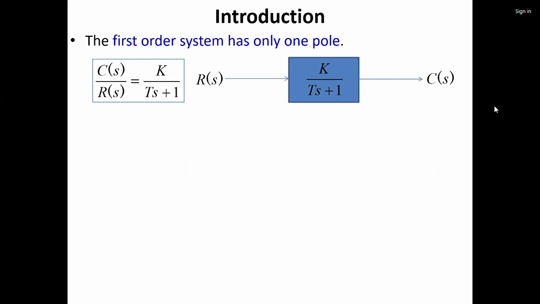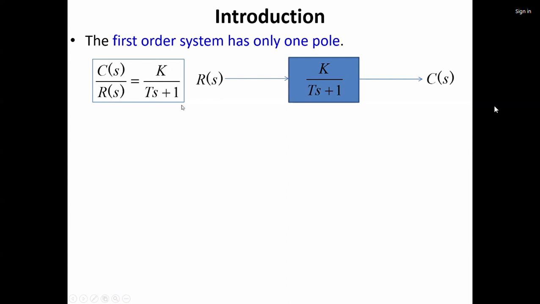So this is a first order system which has only one pole, one time constant. So this is basically the output. C(s) is the output in the frequency domain. R(s) is the input in the frequency domain.